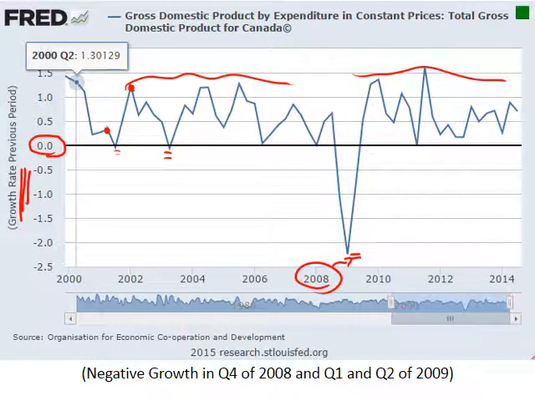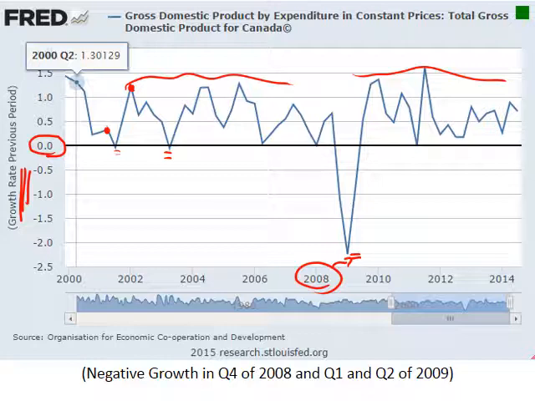So here's just an example of the fluctuations of the gross domestic product for Canada. And you can see here, 2008, we had the crisis, and it really hit in 2009. And you can see that GDP went way down. But even over these portions, you can see that there's constant up and down in terms of the growth rate of GDP.